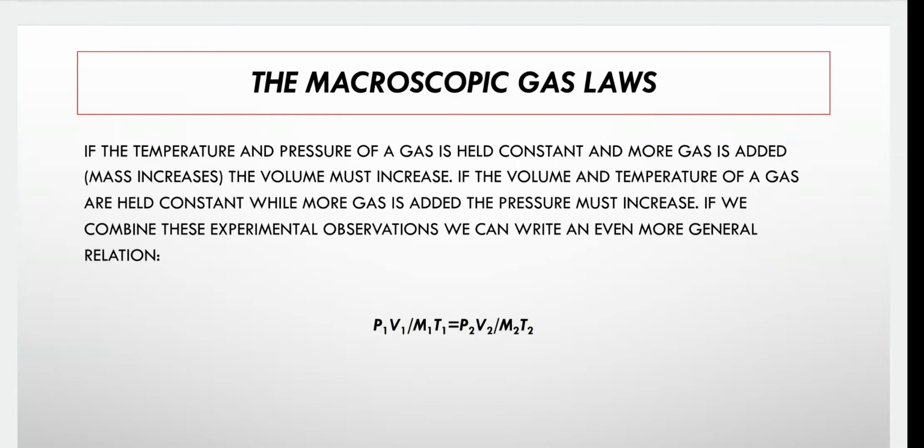Also, if the volume and temperature are constant and you add an amount of gas, the mass will increase and the pressure will also increase. So if you fix two of them, volume and temperature, the pressure will increase, or if pressure and temperature are fixed, the volume must increase. This happens when you add an amount of gas. The relation becomes P1 V1 over M1 T1 equals P2 V2 over M2 T2.